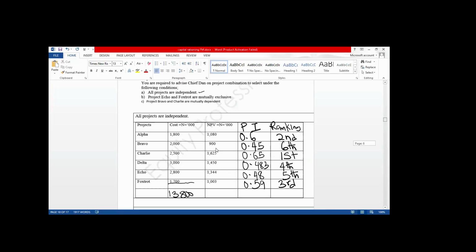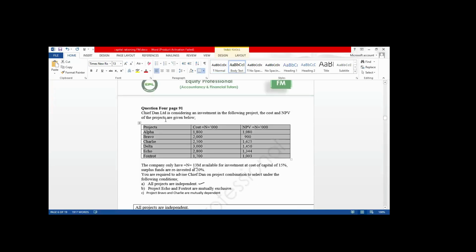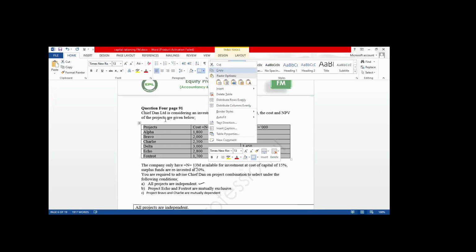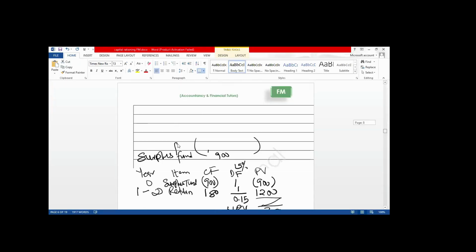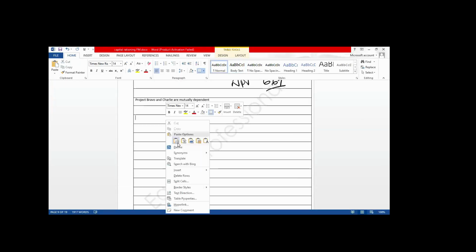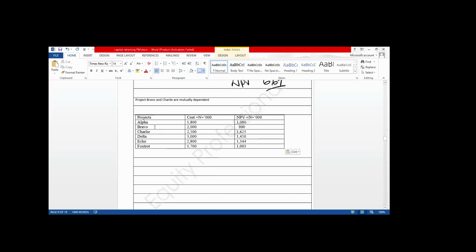We can recopy this. So there is no growth without a price.